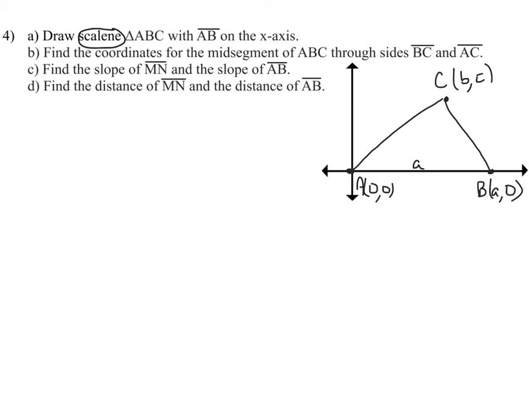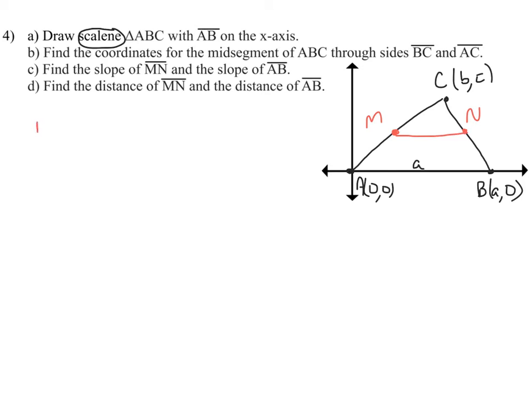Part B, we want to find the coordinates for the midsegment of AB through sides BC and AC. So to draw this, we want to find the midpoint of AC and the midpoint of BC. And I will call those points M and N. Well, how do we find those 2 points?